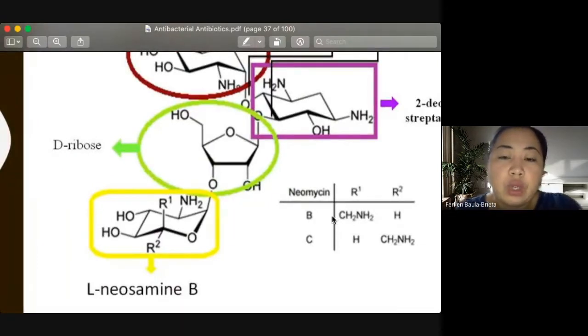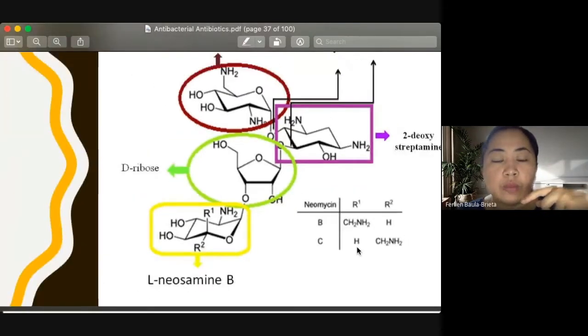So for neomycin B, R1 is a methylamino, and then we have hydrogen at R2. For neomycin C, they just switched the location: the hydrogen is in R1 and the methylamino is in R2.